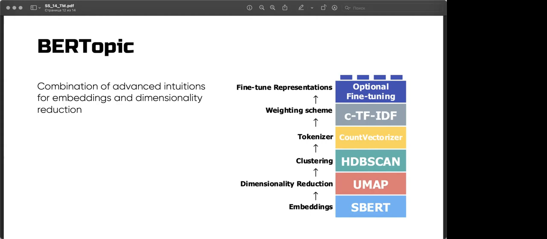We have at the foundation of the algorithm, like the lowest Lego detail, a pre-trained transformer, well, in this case, I believe that it was a multilingual model. And from this sentence transformer, we retrieve embeddings. So the way that the model represents the documents, we want to receive that numeric representation.